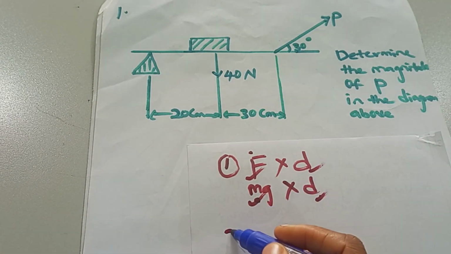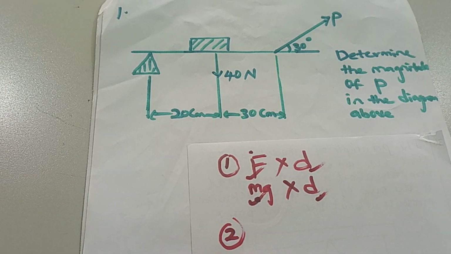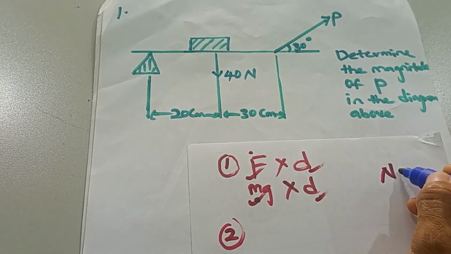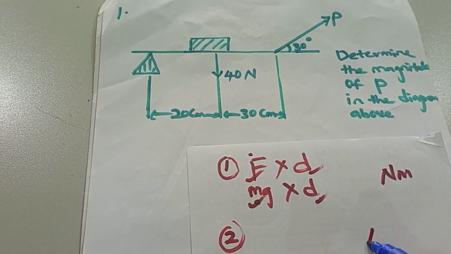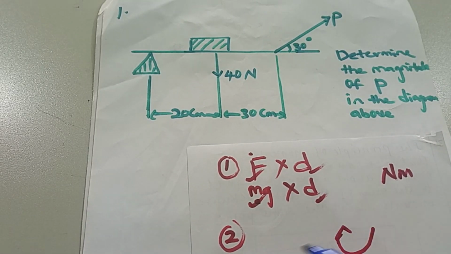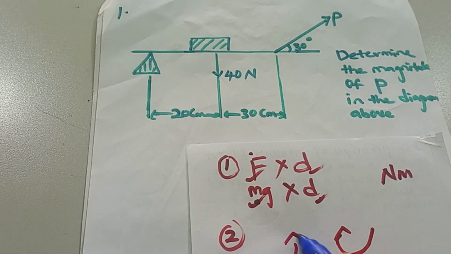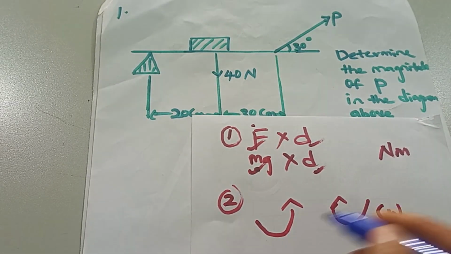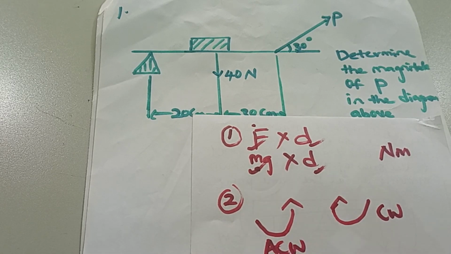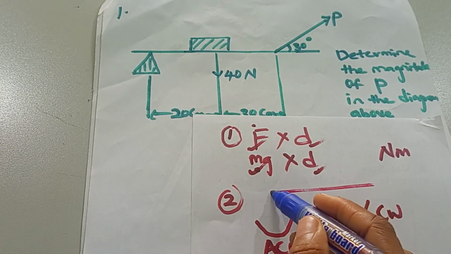Then another thing I want you to note about moment is the unit. The unit is Newton meter because it's the product of force and distance. Then clockwise moment is equal to anti-clockwise moment for a body in equilibrium.